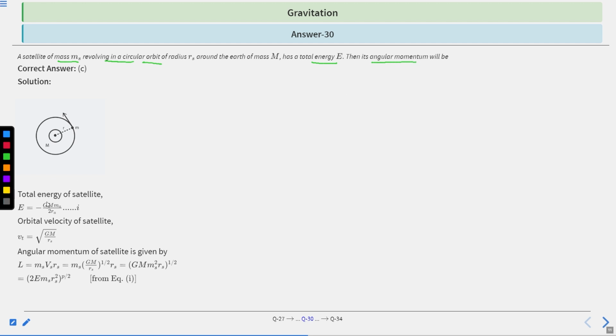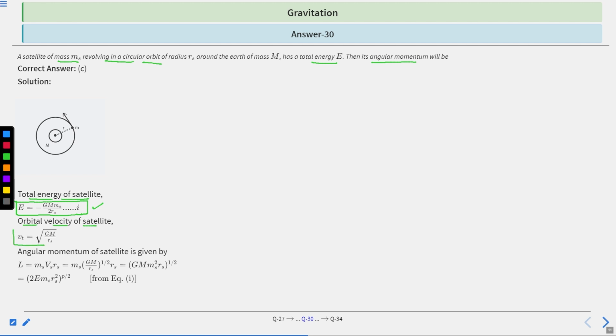So suppose the total energy of the satellite E is equal to minus GM m_s divided by 2 r_s. Let this be equation first. This is the total energy of the satellite. And the orbital velocity of the satellite v_s is equal to under root GM divided by r_s.